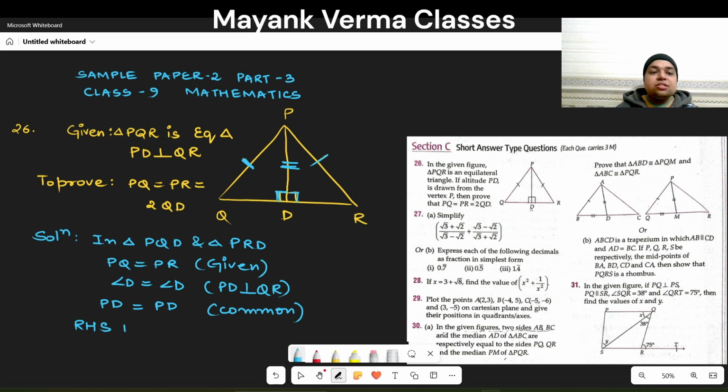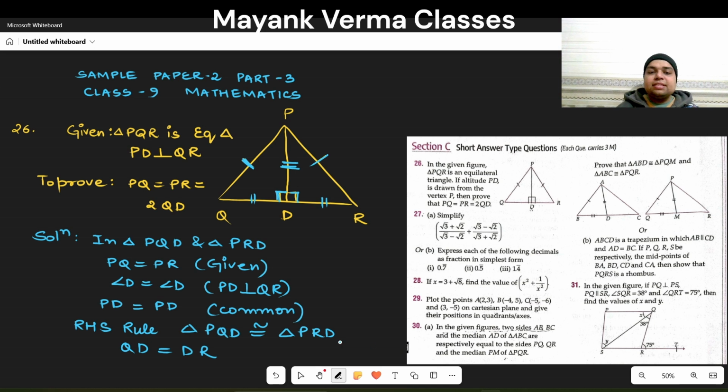So by the RHS congruency rule, I can say triangle PQD is congruent to triangle PRD. So I can now use CPCT, corresponding parts of congruent triangles, right? So QD is equal to DR. QD is equal to DR. And let's name this as equation 1.